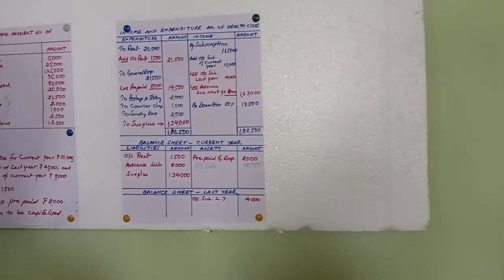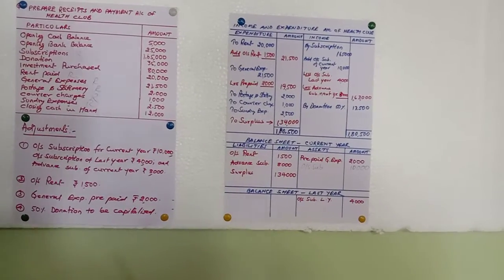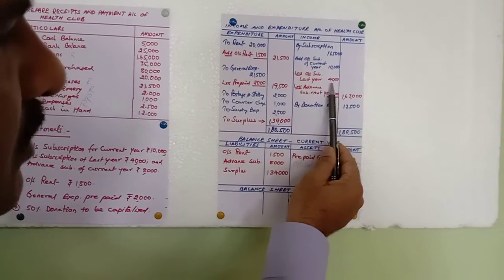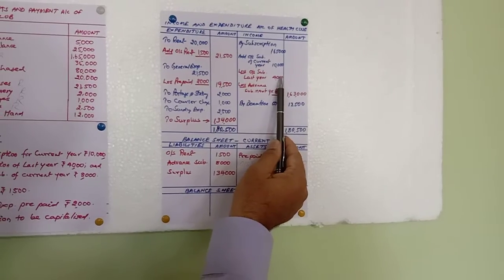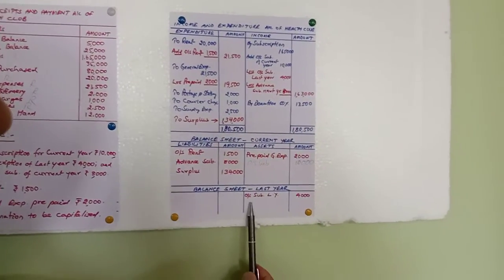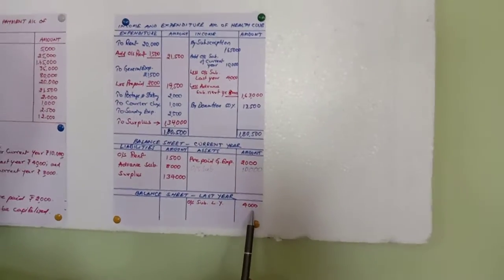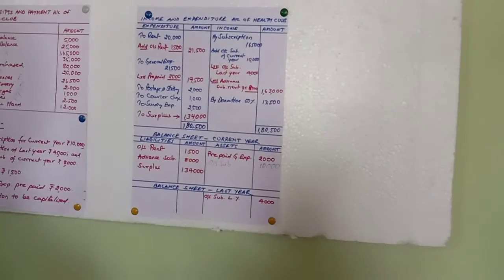This is the second effect. Then outstanding subscription of last year 4,000 rupees. Last year outstanding subscription I have minus 4,000 rupees, and in last year balance sheet I prepared a balance sheet of last year, so subscription last year 4,000 also will appear here.